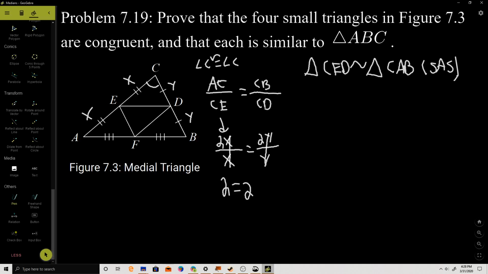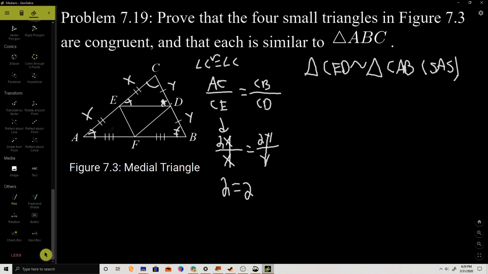Now, if those two triangles are similar, then that means that this angle here is the same as this one, and this angle here is the same as this angle here. That means parallel lines. AB must be parallel to ED. Okay, interesting.